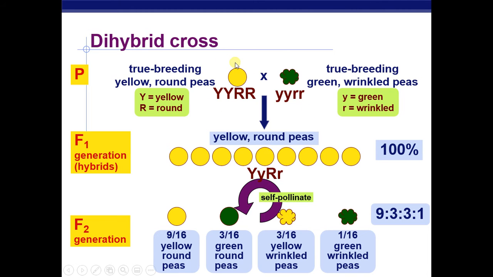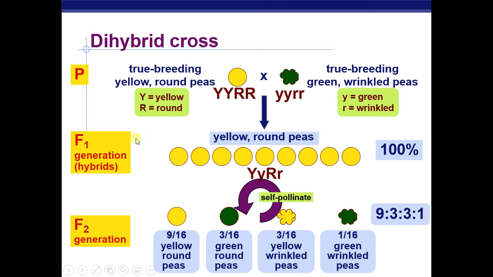So if he crossed, and this is the parent generation, a true breeding, remember that means homozygous, yellow and round pea, since it's true breeding, it will have two yellow alleles, capital Y, and two round alleles, capital R. With a true breeding, homozygous, green and wrinkled pea, two lowercase y's, that's the green allele, and two lowercase r's, that's the wrinkled allele. And he gets an F1 generation and finds that they're all yellow round peas, all 100% of them.